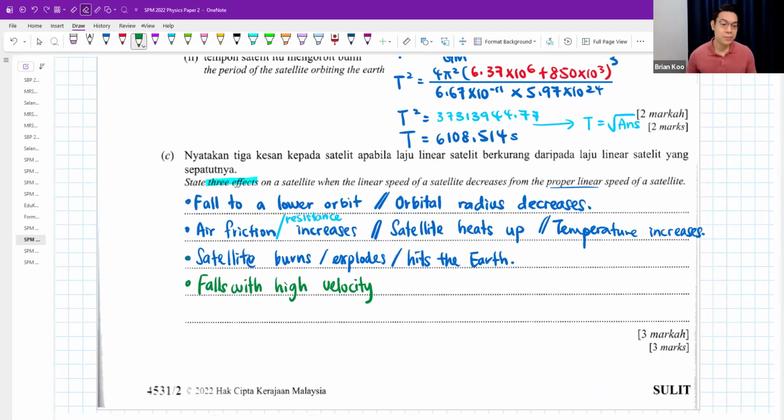Falls with high velocity, falls with acceleration, also can. And gravitational force on the satellite increases.